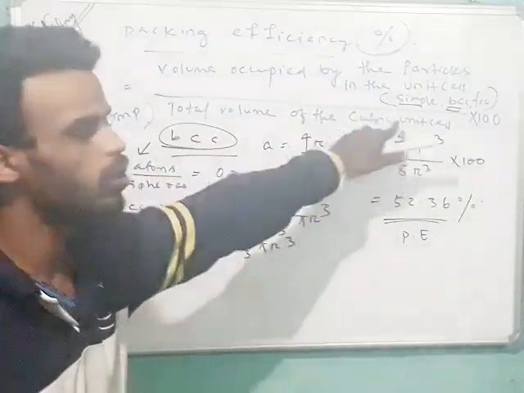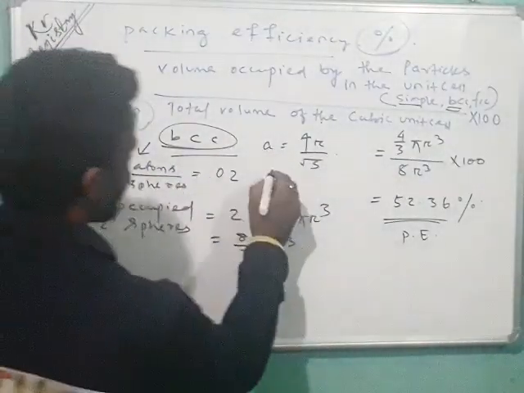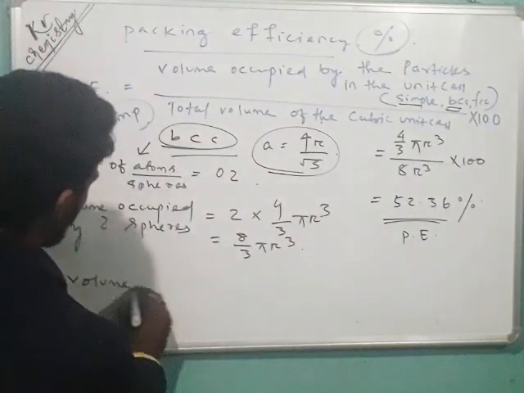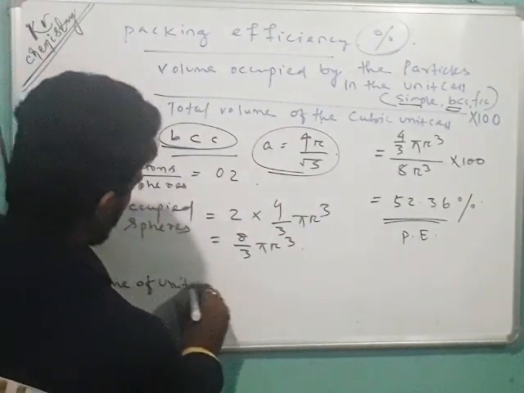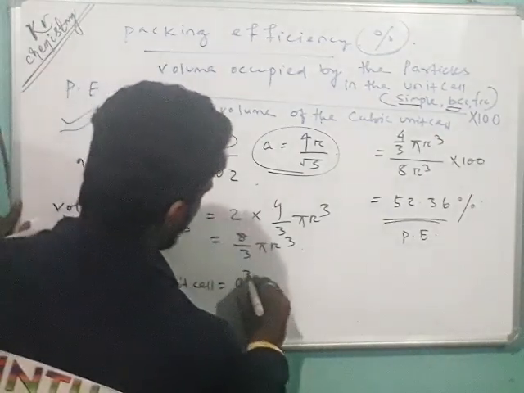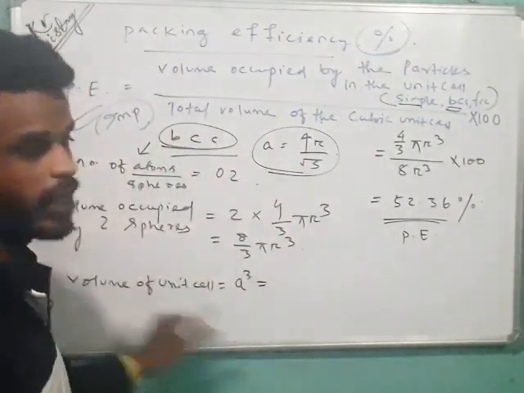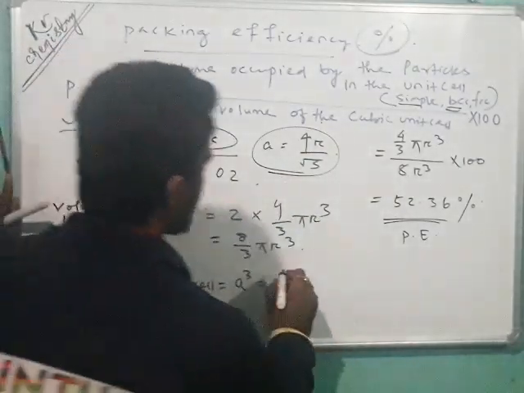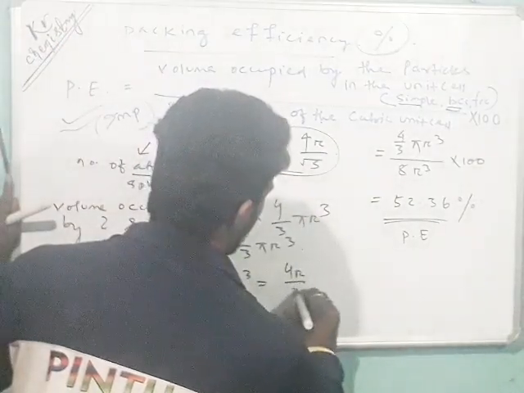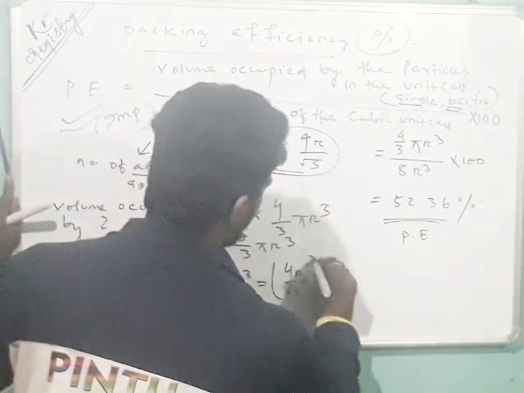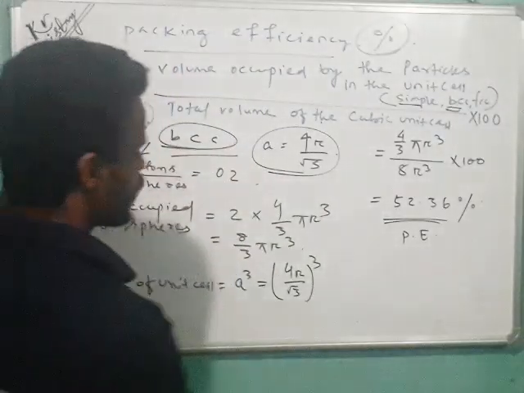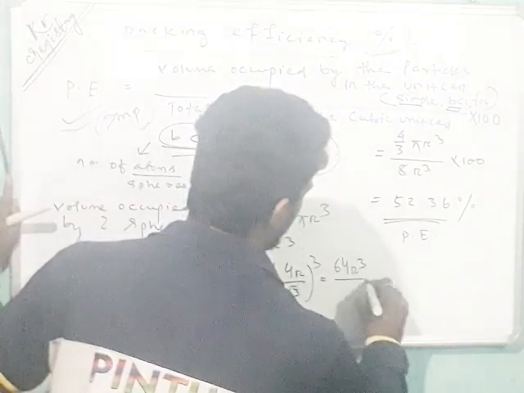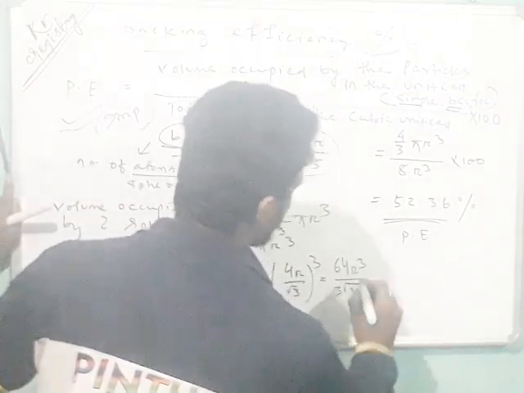Then the total volume of the unit cell: a is equal to 4r by root 3, so the volume of the unit cell is equal to a cube, that is 4r by root 3 whole cube. This is 64 r cube divided by 3 root 3.